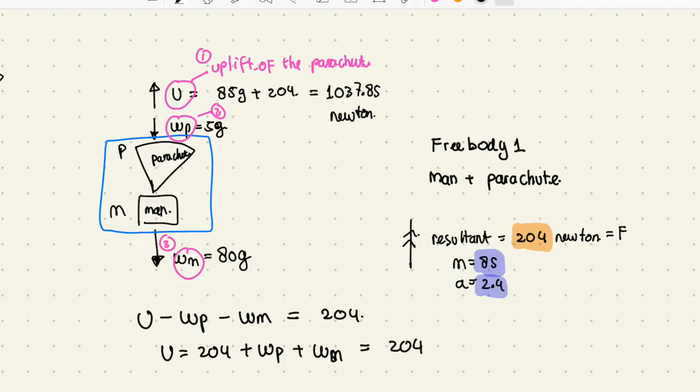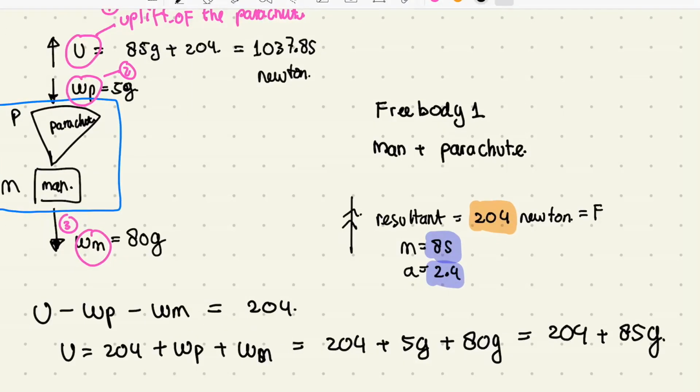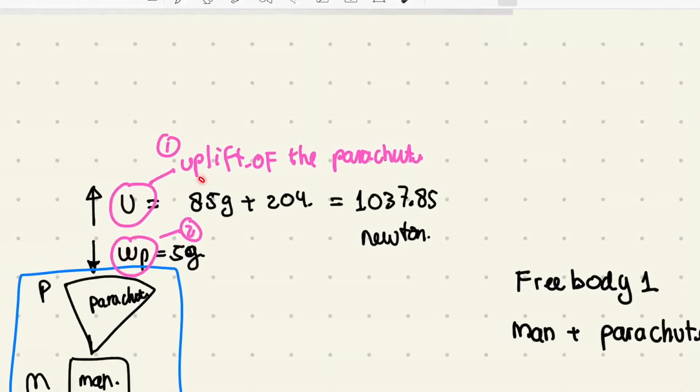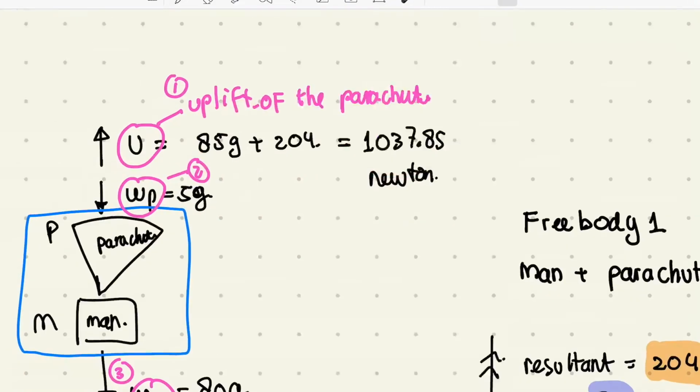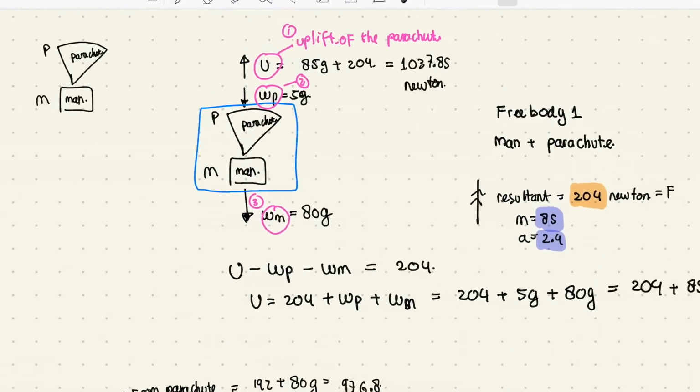Weight of parachute is 5g, and weight of man is 80g. So 204 plus 85g. g is 9.81, of course, right? Then we calculate the uplift. If you press the calculator, we get 1038.5 Newton.